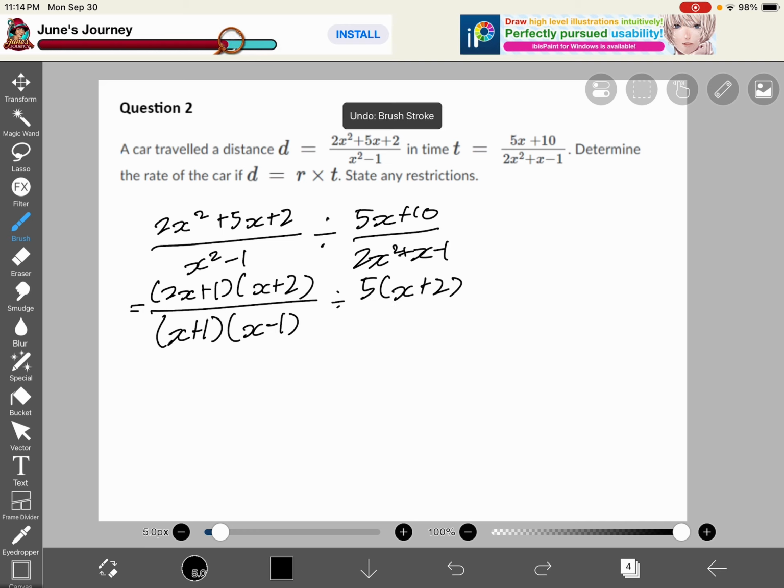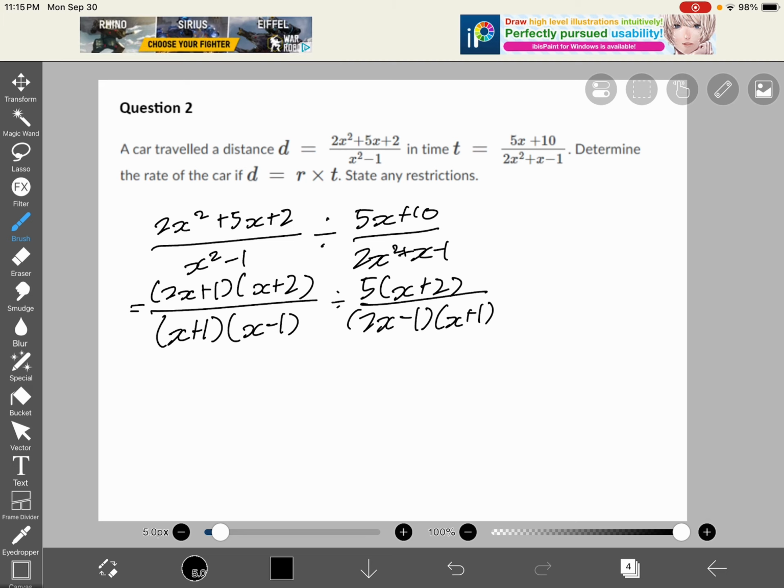And then down here is going to become 2x minus 1, x plus 1, because 2x times x equals 2x squared, and then 2x plus 1 equals 2x, and then minus 1x, so 2x plus 2x minus 1x equals plus x, and then negative 1 times 1 equals negative 1.